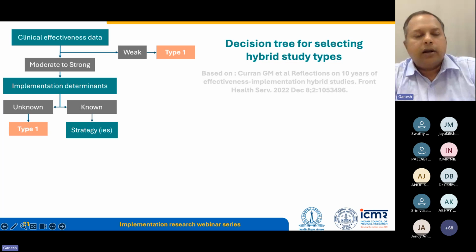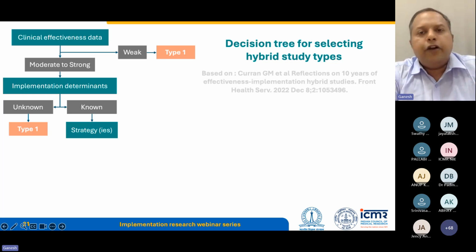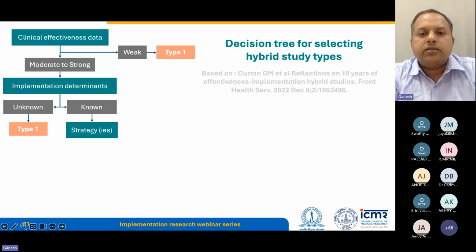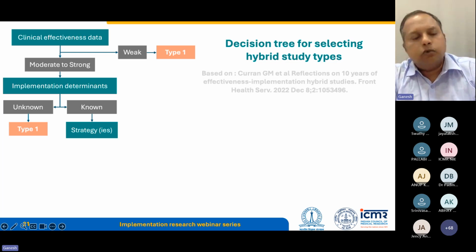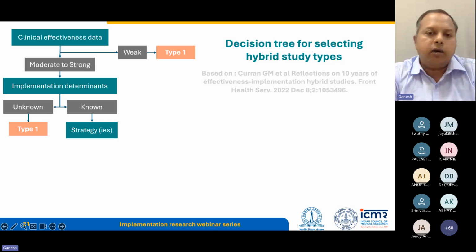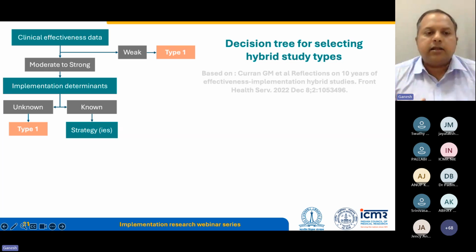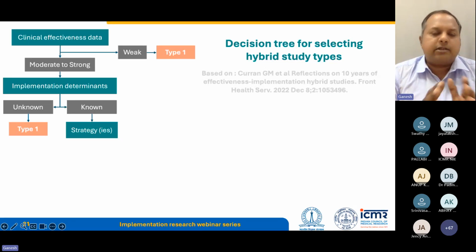Again, we go back to the type 1 hybrid trial. If it is reasonably known, by known I mean we have sufficient evidence on the implementation determinants, say on adoption, fidelity, or adherence, whichever is the most important primary implementation outcome the investigator is trying to clinch, then we move to the third step, which is how well we know about the strategies.